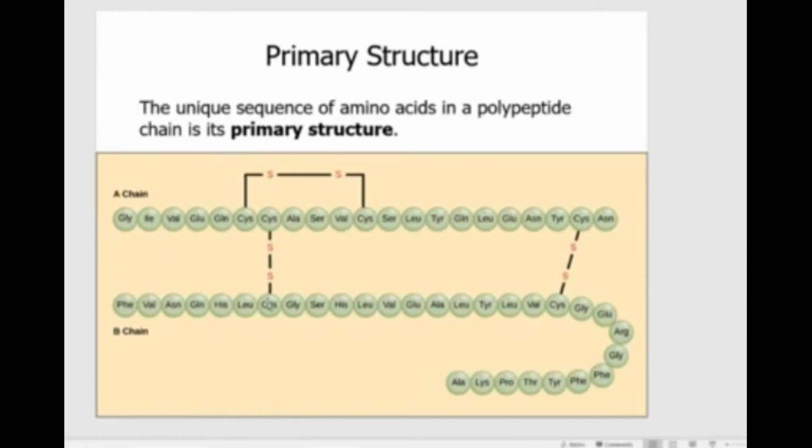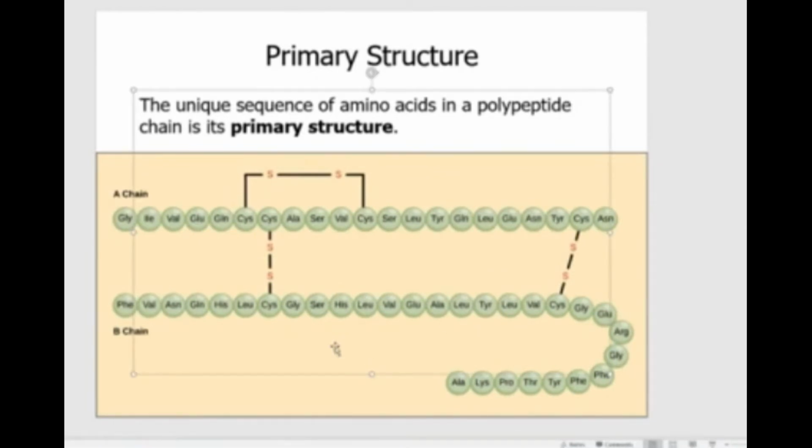Okay, so this insulin molecule has 2 chains. Now, when you look at each chain, each bead or circle indicates an amino acid, and usually we just use a 3-letter system to indicate which amino acid. So this is going to be the sequence, right? Glycine, isoleucine, valine, glutamate, and so on. Okay. And then the B chain has a different sequence.